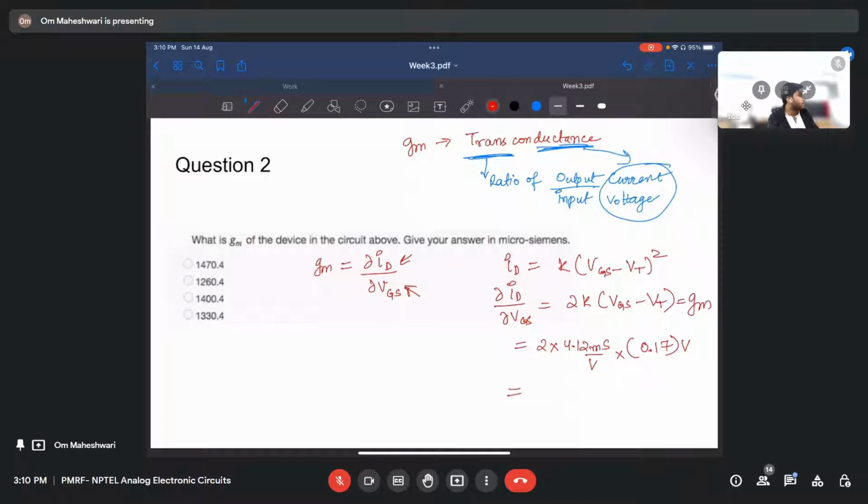If we solve this, we will get gm equals 1.4 millisiemens, or in micro, 1400 microsiemens. So this is the answer. Any doubts in this part?